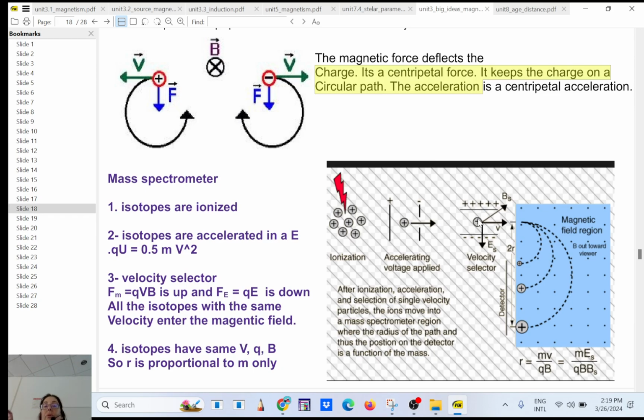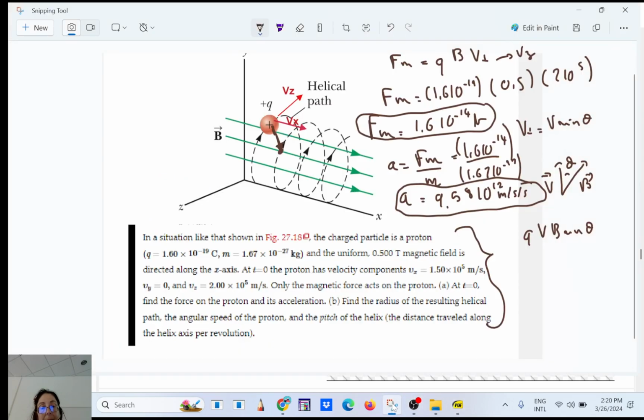And we're going to tune the magnetic field, which we can change with a coil, so with current, such that the magnetic force will be equal to the electric force. So you have QvB, the magnetic force, which is up, equals QE, which is down.